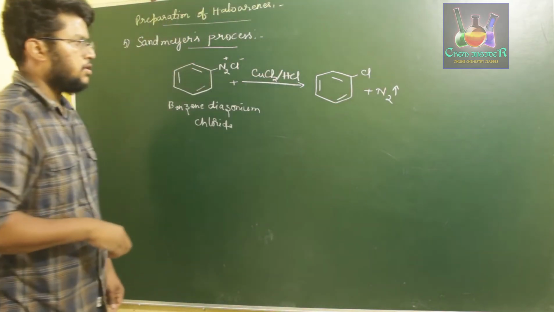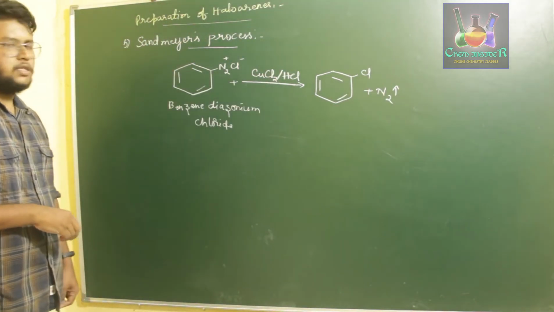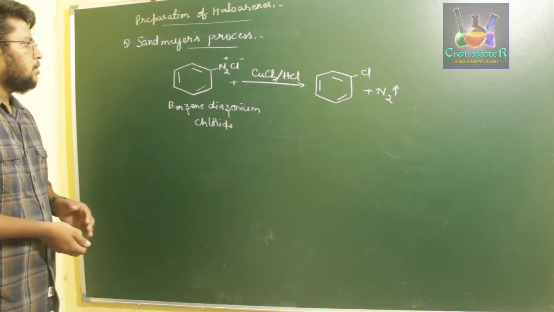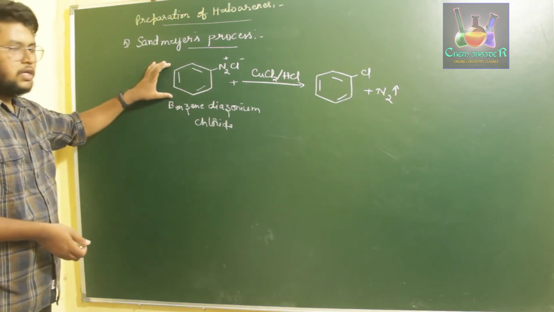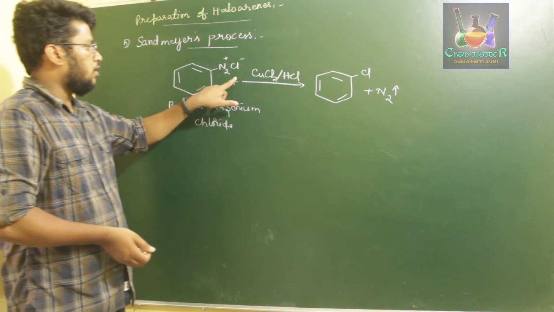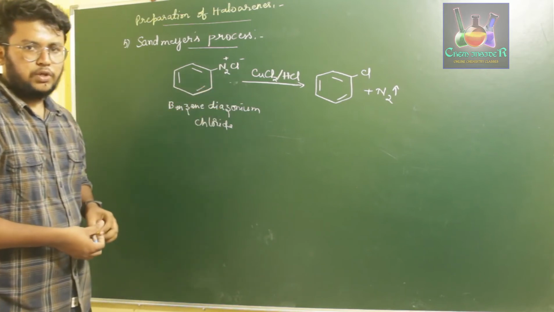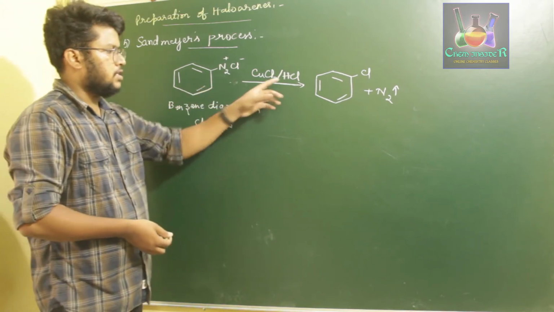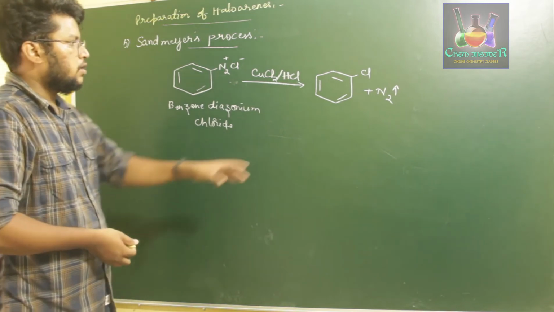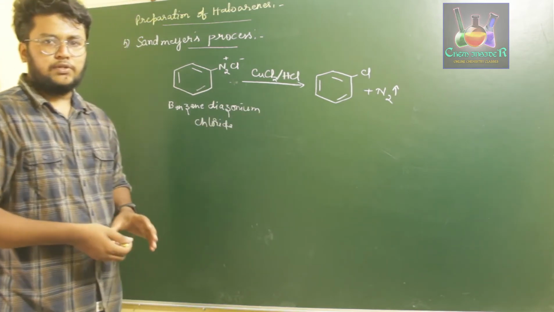So this is the preparation of chlorobenzene using benzene diazonium chloride. That is, when benzene diazonium chloride is treated with cuprous chloride in the presence of HCl acid, it forms chlorobenzene with the liberation of nitrogen gas.